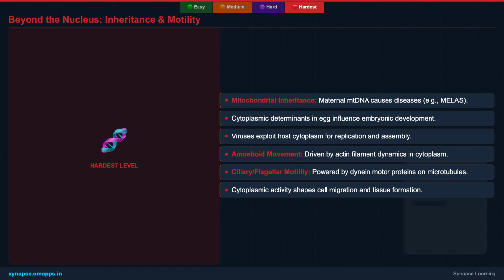Amoeboid movement is driven by actin filament dynamics, while ciliary and flagellar motility depend on dynein motor proteins associated with cytoplasmic microtubules. This intricate cytoplasmic activity is fundamental to cell migration, tissue formation, and overall organismal development.